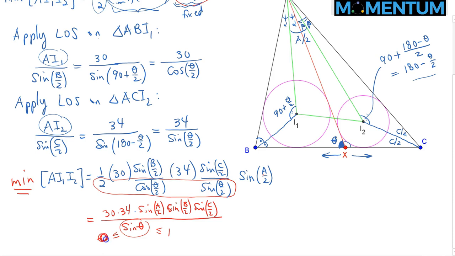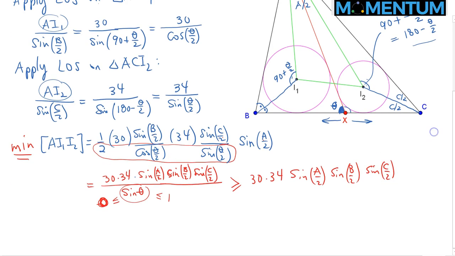So if I remove it altogether, my whole fraction will get smaller, because with the existence of sine theta we are bigger. So that's just 30 times 34, and then the remaining part, sine A over 2 times sine B over 2 times sine C over 2.